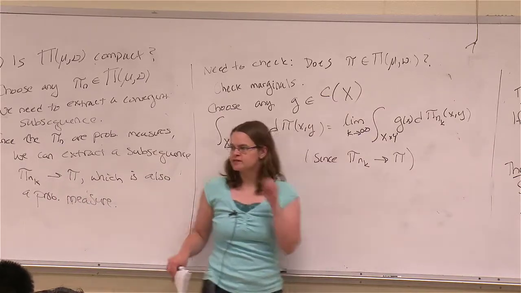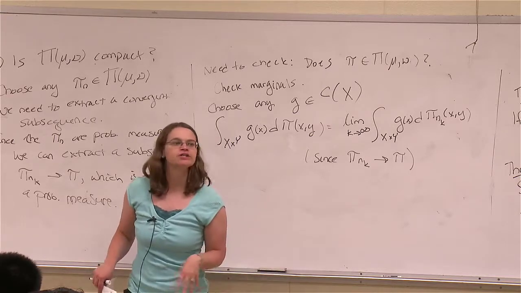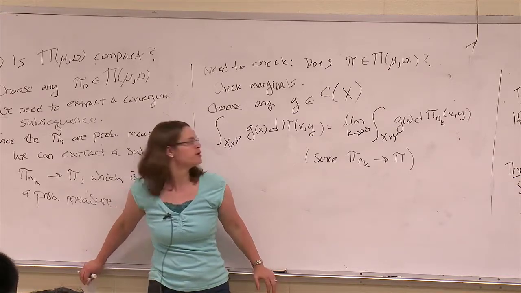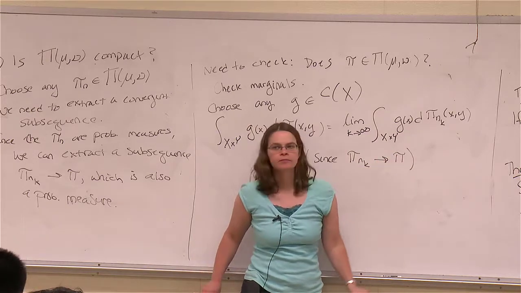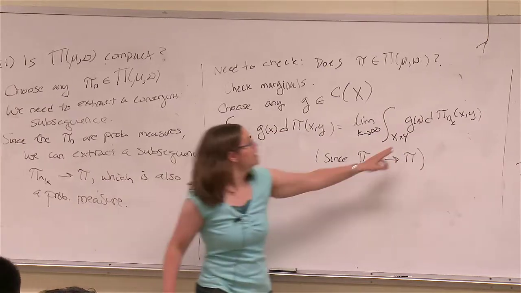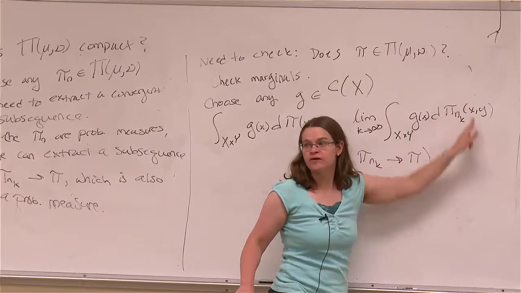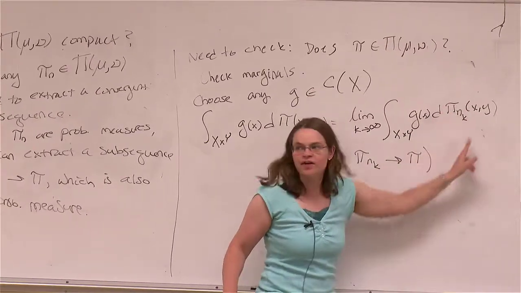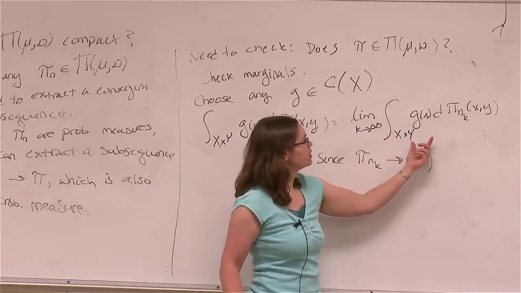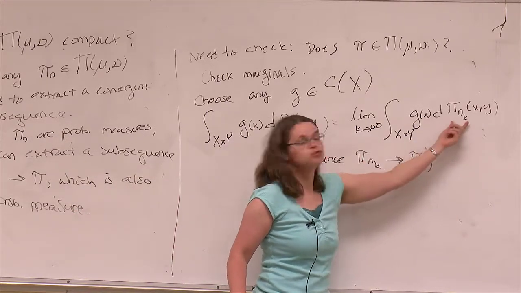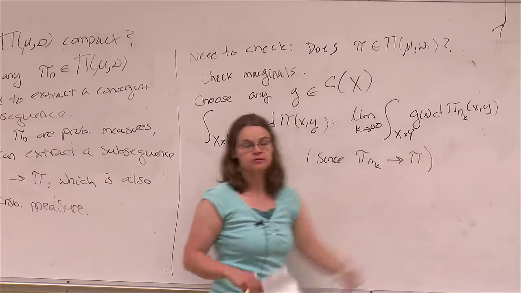Okay, so that's getting us, hopefully, a step in the right direction. How can I simplify from here? Now, what do I know about this integral? These guys live in my space capital Pi, which means they have the correct marginals, so once I've integrated away y, I'm just left with my measure mu that I want.